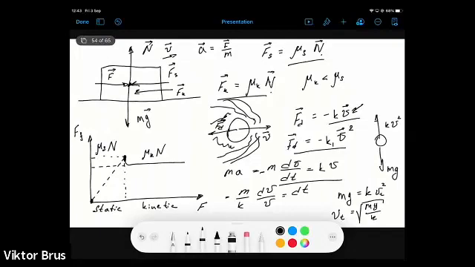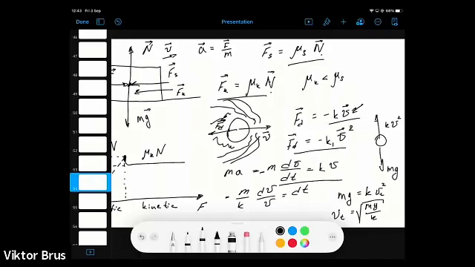So for a human body, this terminal velocity for falling in the atmosphere is something around 200 kilometers per hour. So a human, without any additional aerodynamic shapes, cannot fall in the atmosphere with a higher velocity than about 200 kilometers per hour.